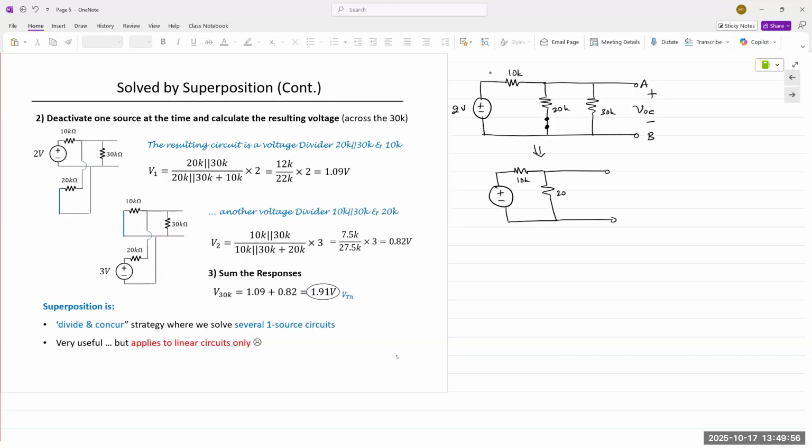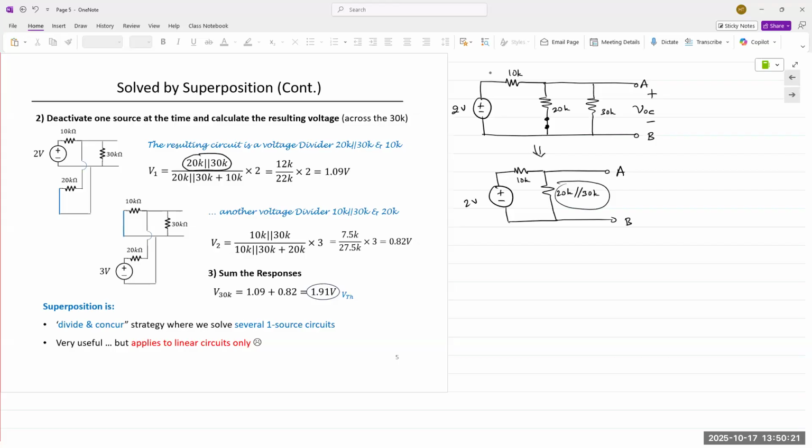So this is 20K in parallel with the 30K. And now I can apply voltage division to this. So voltage division would give me, better find the voltage across the 20 and 30 in parallel combination. So V1 is that resistor divided by the Req.